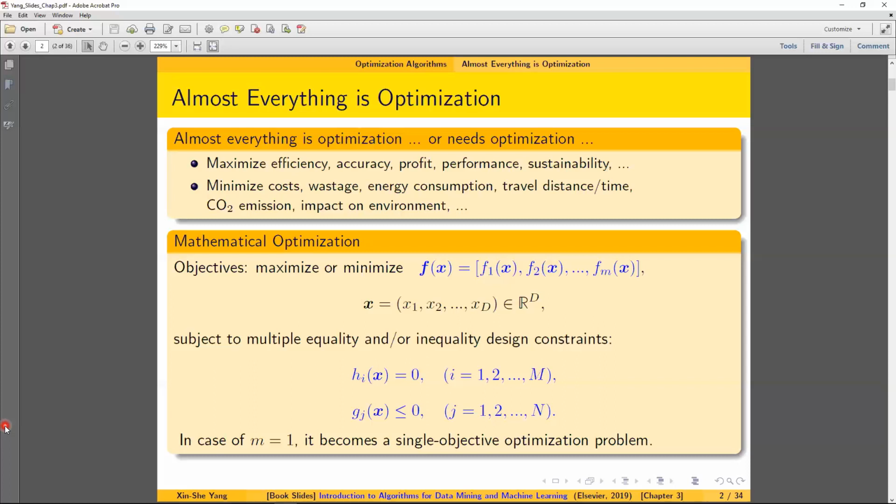And in terms of objective function, if we have multiple, f1(x), f2(x), etc., then we call it a multiple objective optimization problem. So far, we only look at a single objective optimization problem.